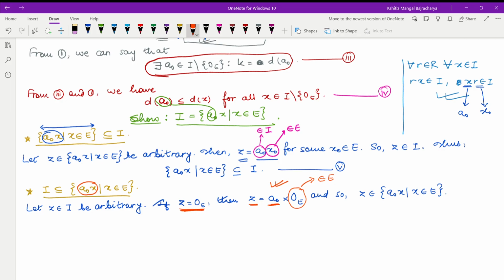That's why if Z is equal to 0E, then Z is in the given set. First case is complete. Now if Z is a non-zero element, then we can use the division algorithm.